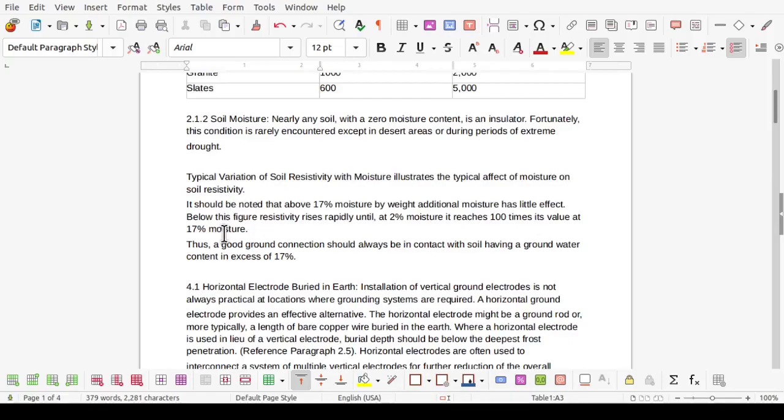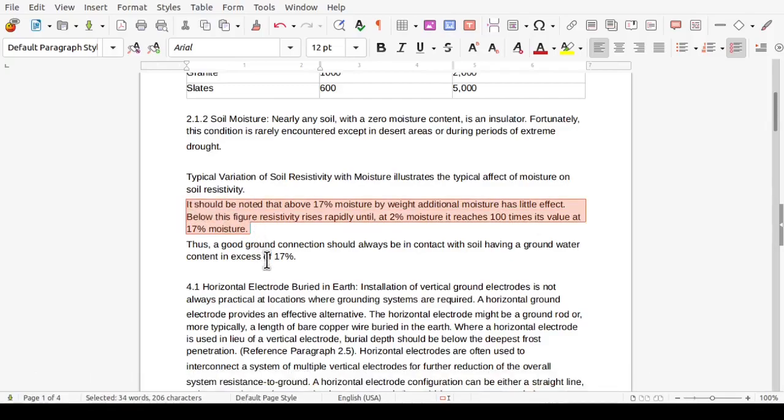So here we come to this proviso. It should be noted that above 17% moisture by weight, additional moisture has little effect. Below this figure, resistivity rises rapidly until at 2% moisture it reaches 100 times its value at 17% moisture.